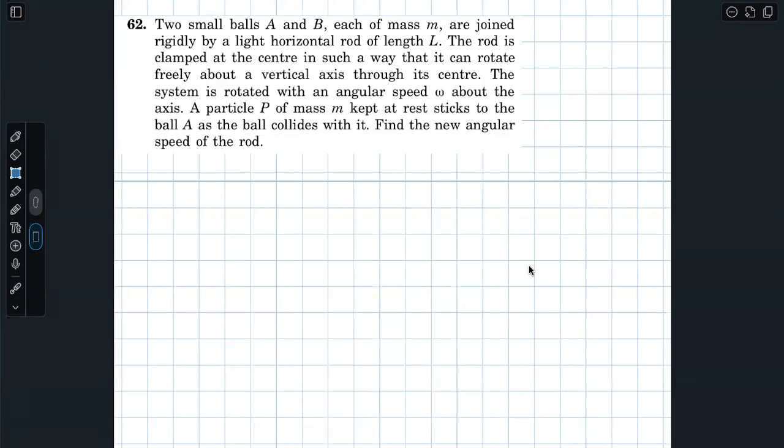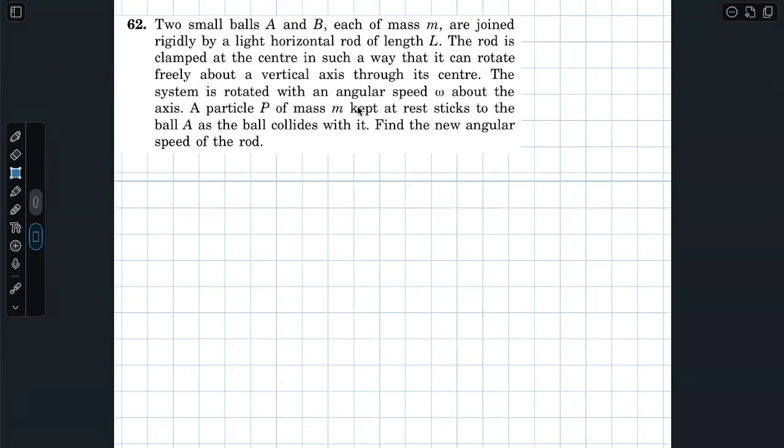Two small balls A and B, each of mass M, are joined rigidly by a light rod. The rod is clamped at the center in such a way that it can rotate freely about a vertical axis. Remember, it is a fixed axis situation.